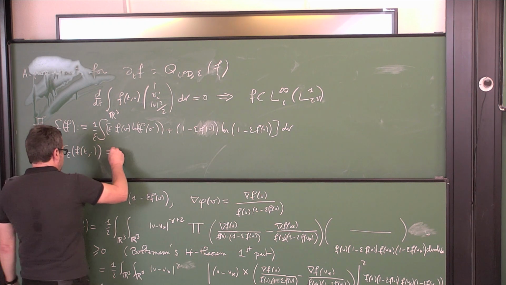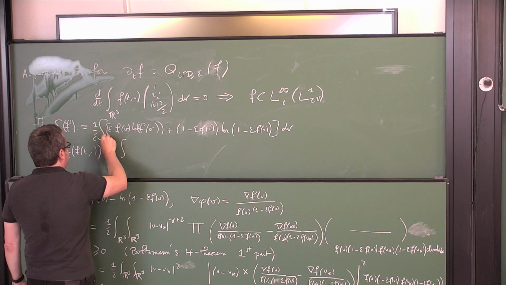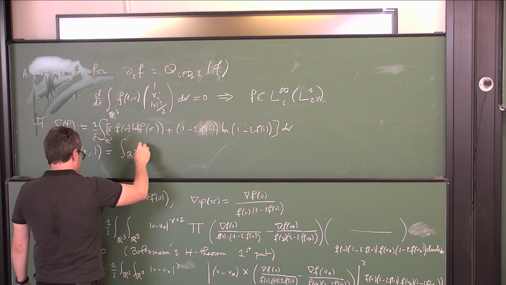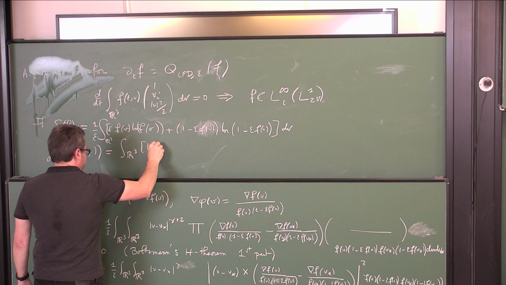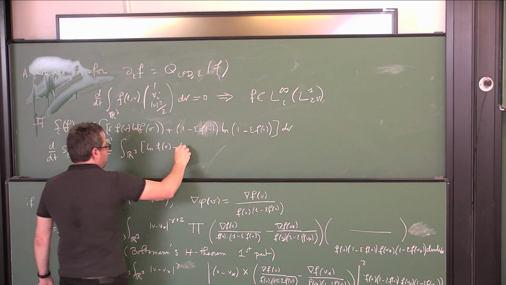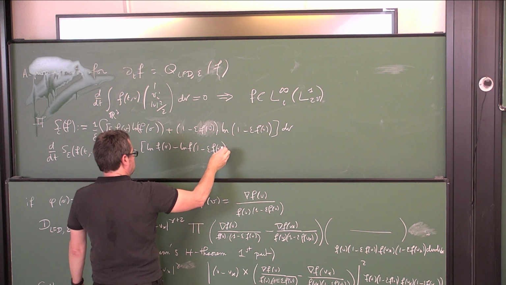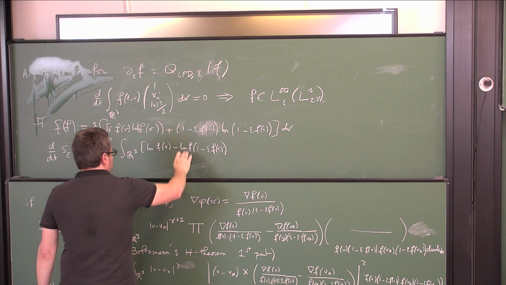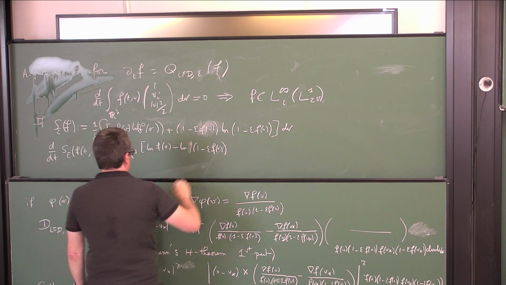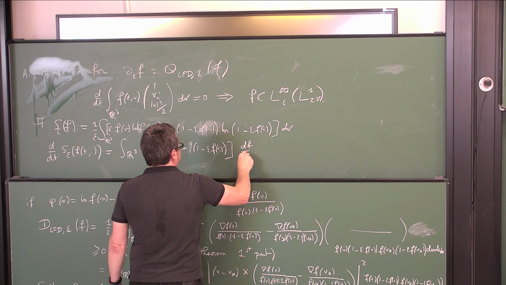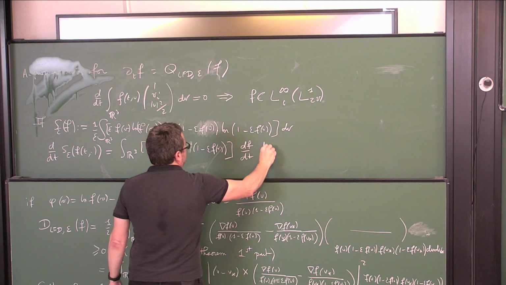So this is equal to the integral on R^3 of log f of v minus log of 1 minus epsilon f of v times df over dt dv.